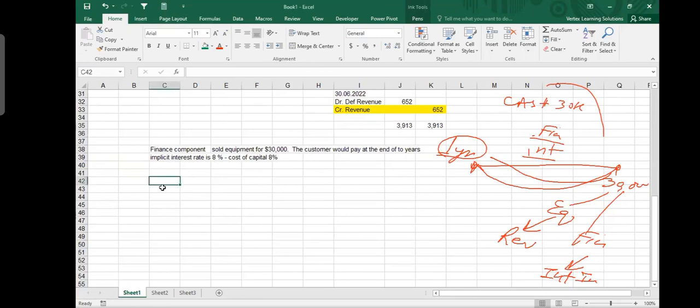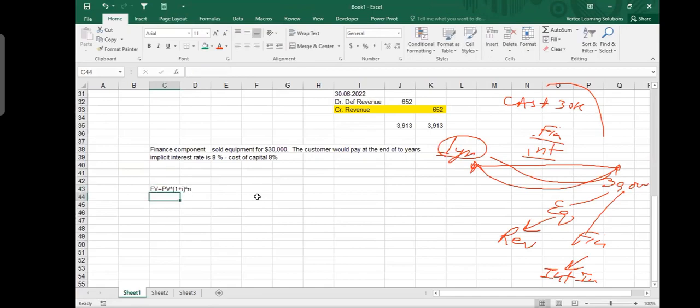I will write down here the formula, a general formula you would use in many accounting and finance functions. Future value is equal to present value times 1 plus i, which means 1 plus the interest rate, to the power n.